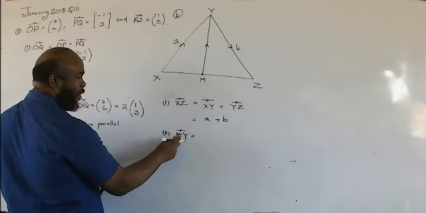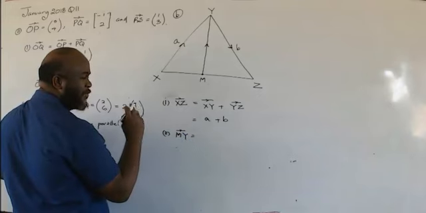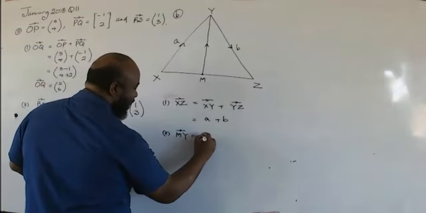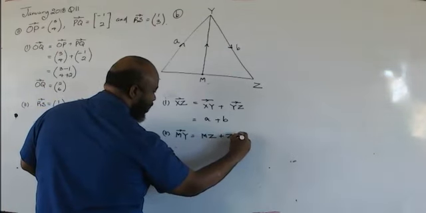You must start at M, end at Y, and the next letter must be in the middle. So this is MZ plus ZY.